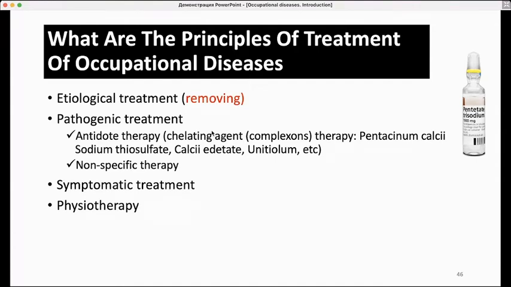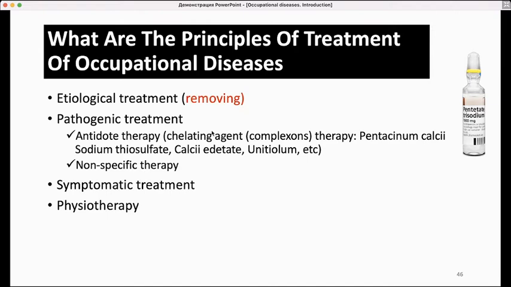Among antidotes, we have, for example, chelating agents or complexons like pentacinum calcii, calcium EDTA, sodium thiosulfate, unithiol, D-penicillamine, EDTA, and many others. And for some diseases, we have only symptomatic treatment, for example, to relieve pain.